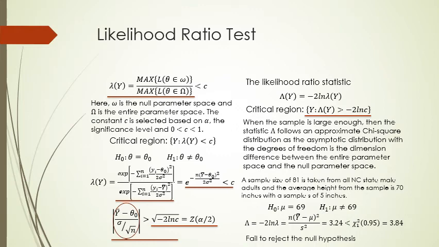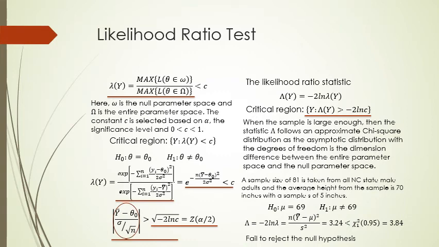When the sample is large, the likelihood ratio statistic approximately follows a chi-square distribution, with the degree of freedom being the dimension difference between the entire parameter space and the null parameter space. This limiting distribution is called the asymptotic distribution.